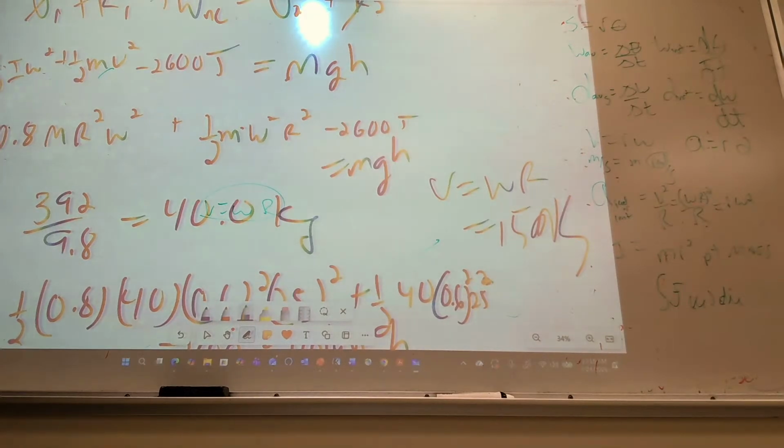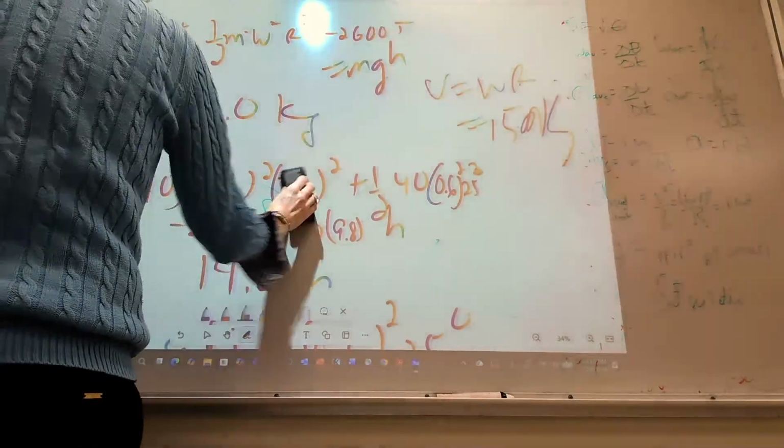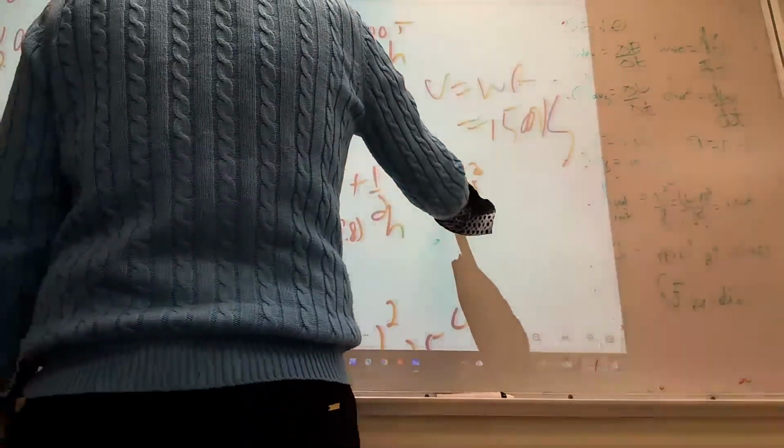Show me if you get it. So if you're doing it this way, we have 1/2 times 0.8 times 40 times 0.6 times 25 squared plus 1/2 40 times 0.6 times 25 squared.